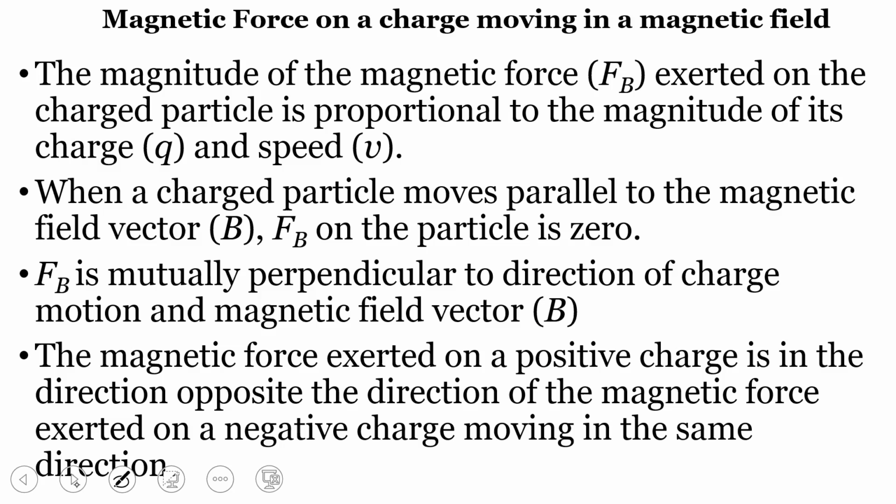And now a charge is passing through that field. It will not experience any force if the direction in which it is moving is parallel to the magnetic field vector.